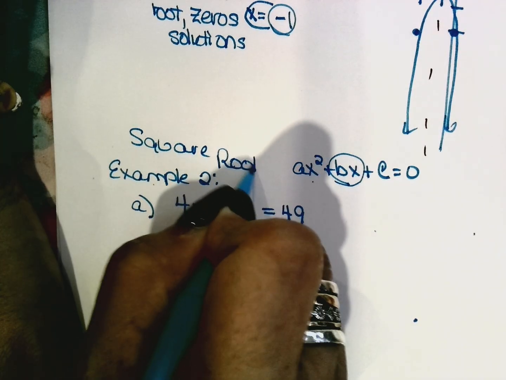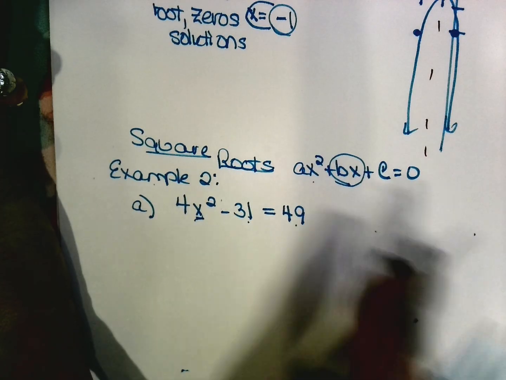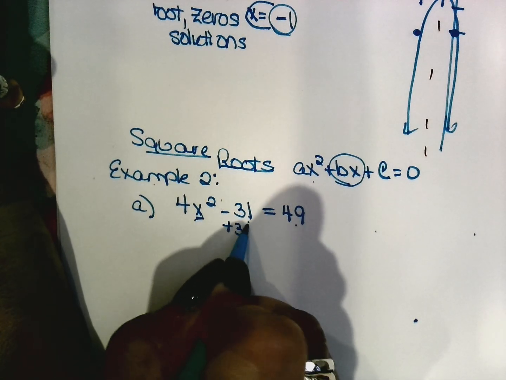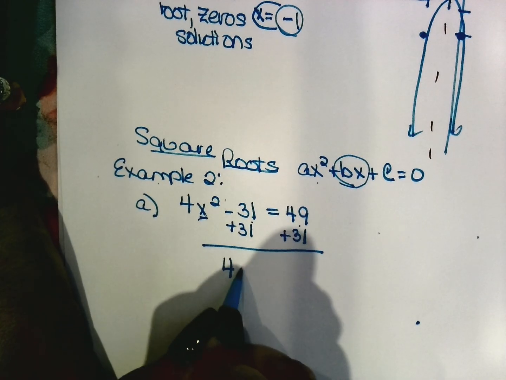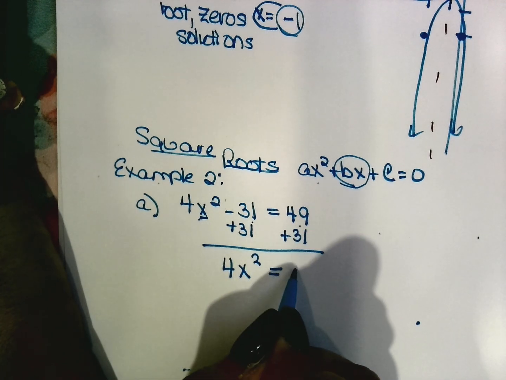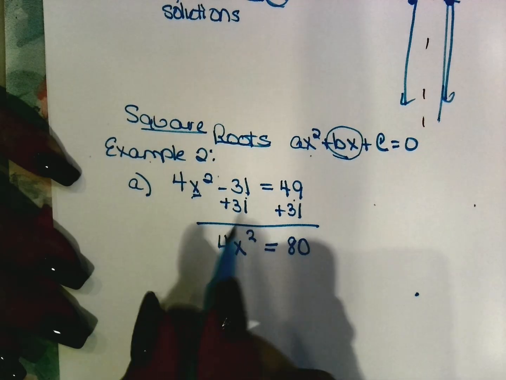So what you do is you move your constants. I tend to move them all to the right side. So I'm going to add 31 to both sides. And I'll have my x squared term on the left. And on the right, 49 and 31, that's going to be 80. So this becomes really easy at this point.